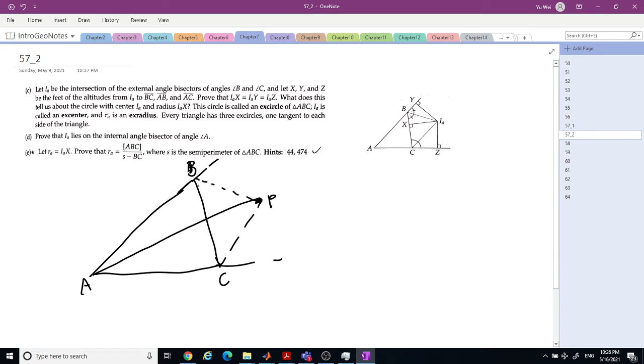Let's connect it. Okay, so this one is 90 minus B over 2. This one is 90 minus C over 2, right?